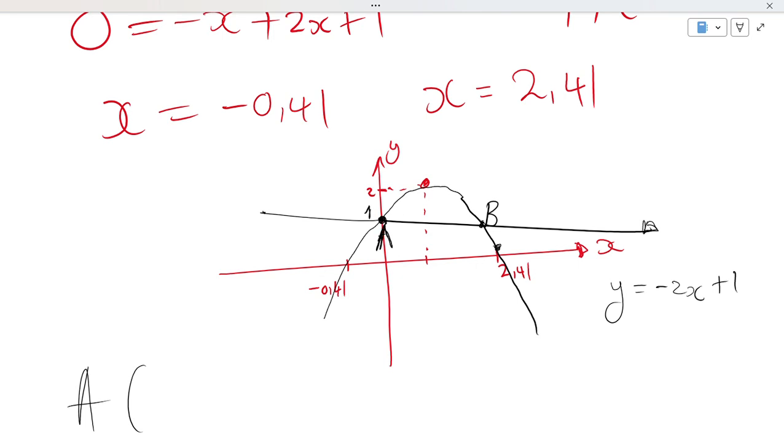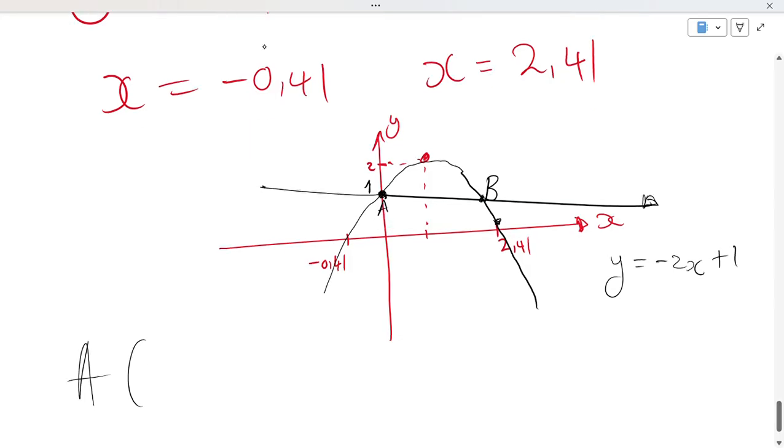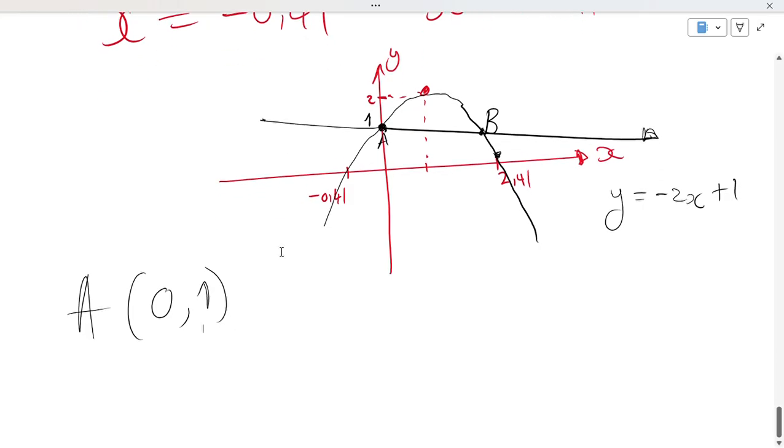So X is 0, and then Y is 1. Y is 1, like that, right? And then B, we don't know. We have to calculate, right?